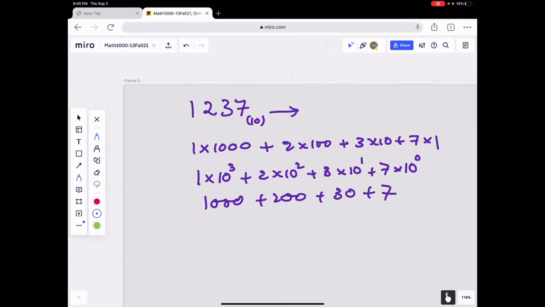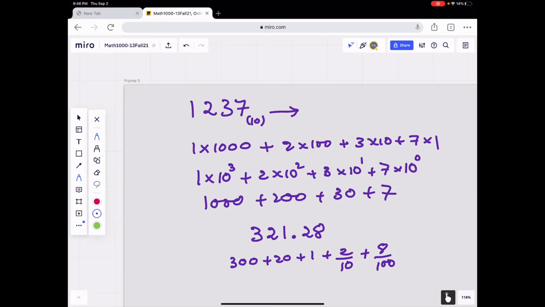What would happen if you have a negative number or a decimal fraction? Let's say that you got 321.28. So how are you going to do that? Well, it's going to be 300 plus 20 plus 1 plus 2 divided by 10 plus 8 divided by 100.